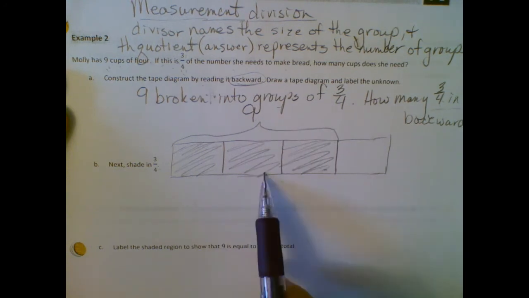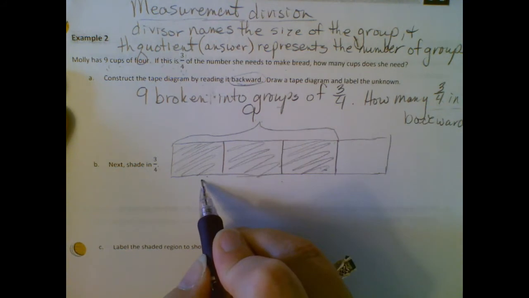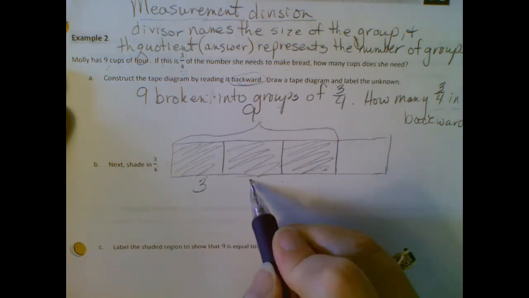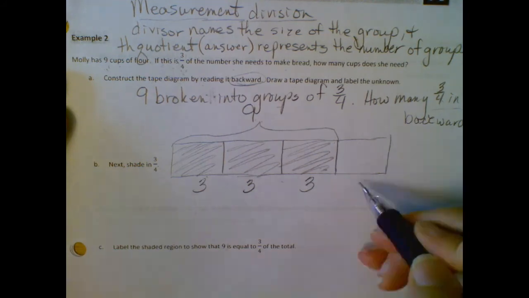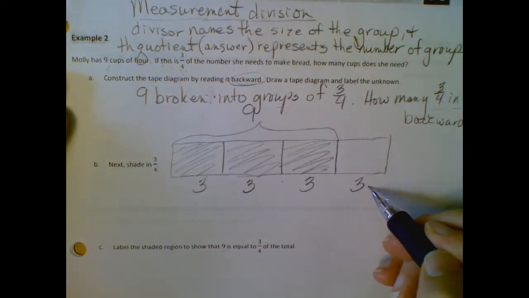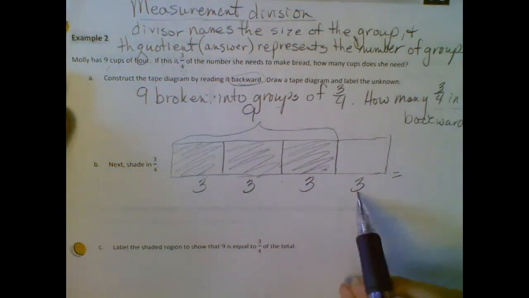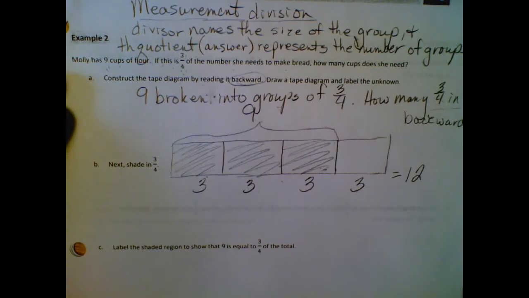I have 3 equal groups that equal 9. Well, I know that 3 times 3 is 9. 3 groups of 3, so 3, 6, 9. That means this one would also be a 3. So therefore, I see I have a total of 3, 6, 9, 12. So there's one way to look at it.